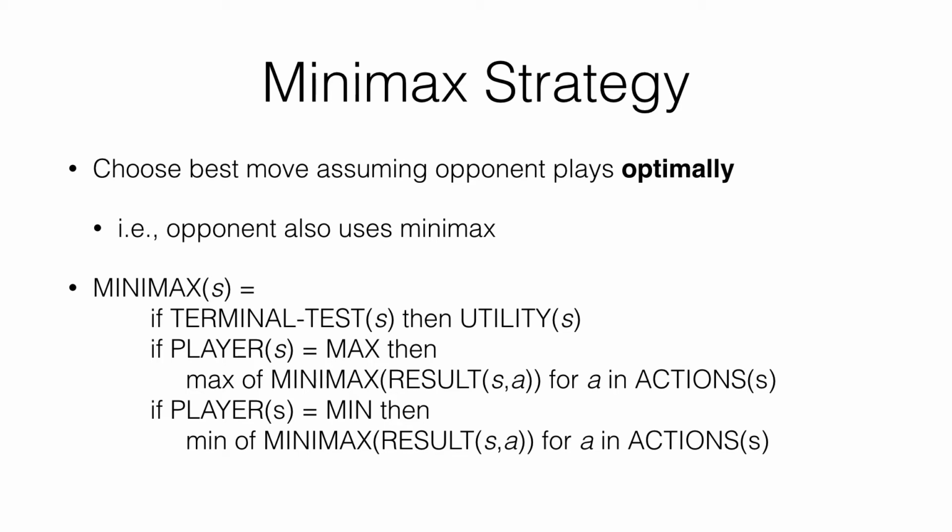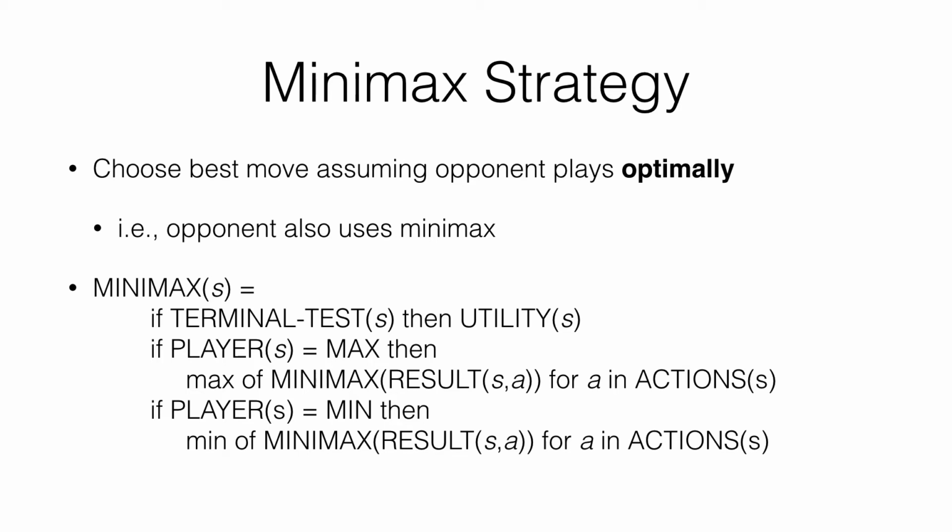Okay, if it's the max player's turn, then what it returns is the max of the minimax of the resulting state for any of the actions that are available in the current state.